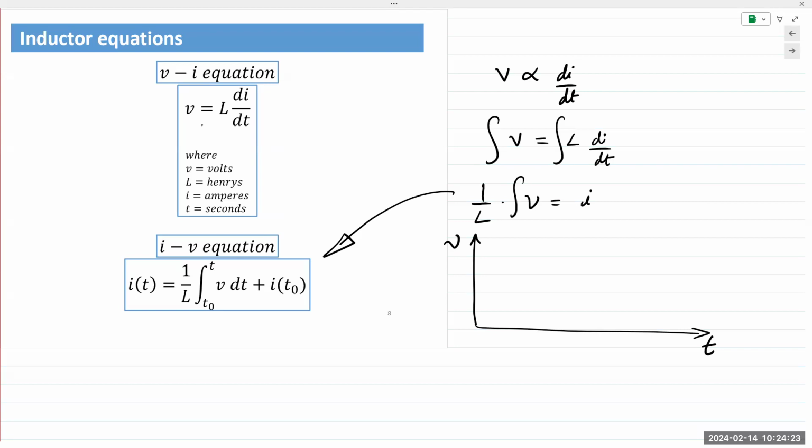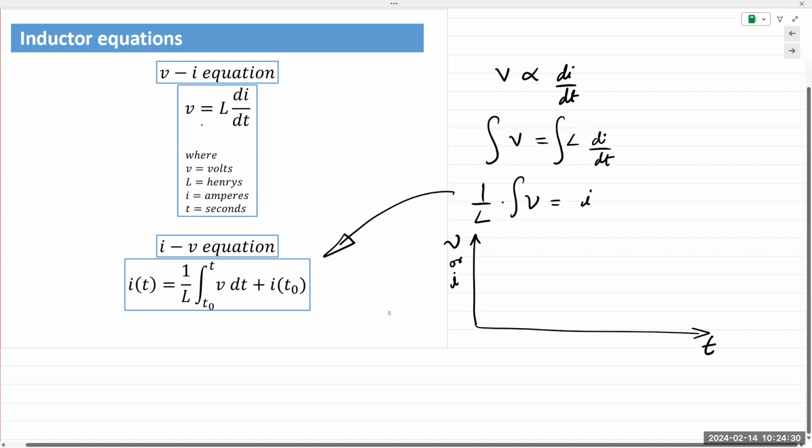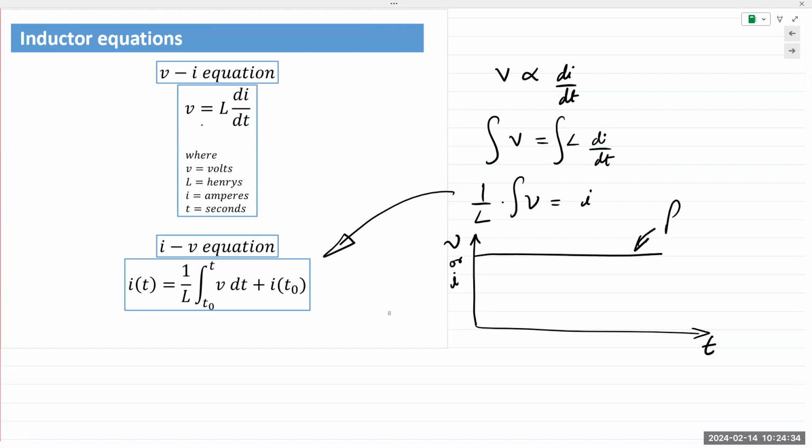If we apply a constant level of voltage or current, the energy that is now being transferred to the inductor cannot change in an instant.